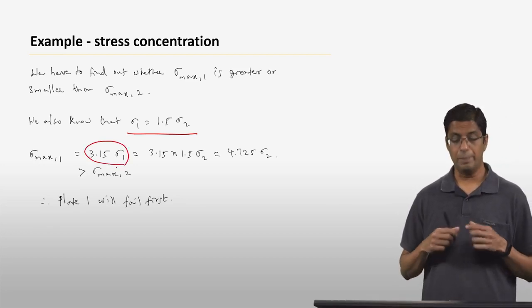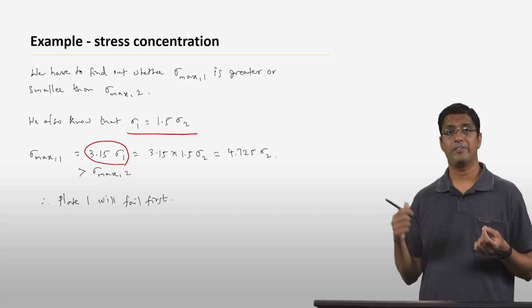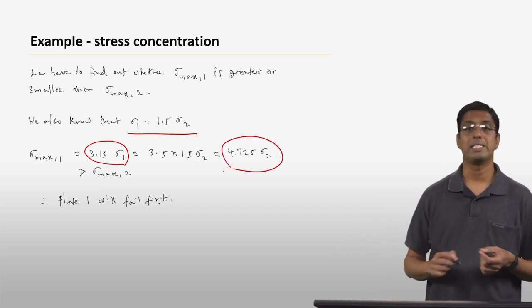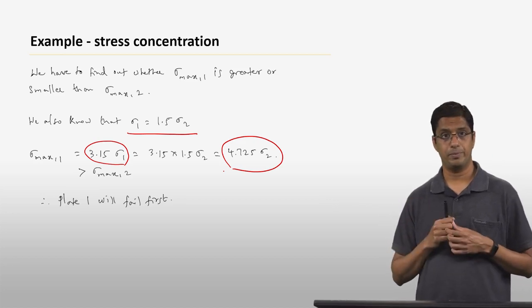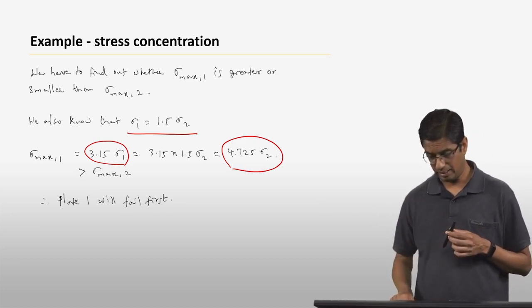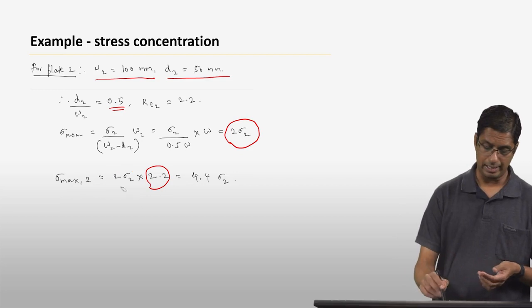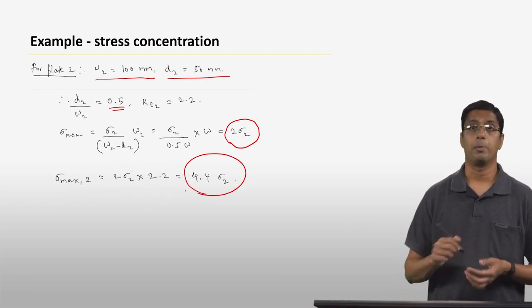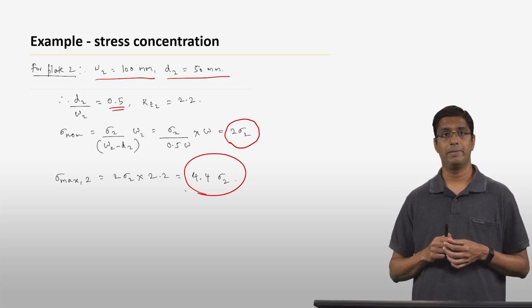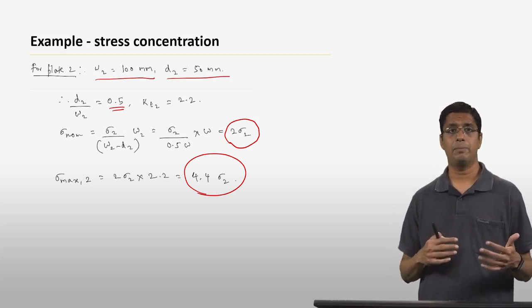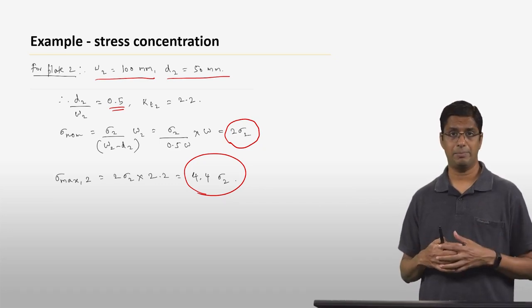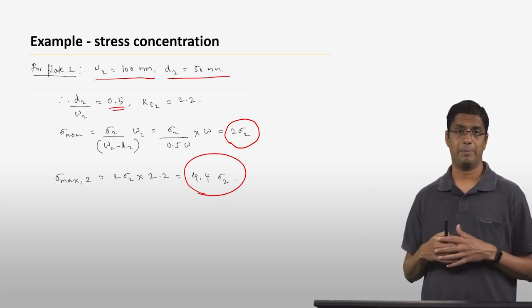So you replace sigma 1 by 1.5 times sigma 2, and that turns out to be 4.725 times sigma 2. And the maximum stress in the second plate is 4.4 times sigma 2, which essentially means that the first plate actually has a higher maximum stress compared to the second plate.